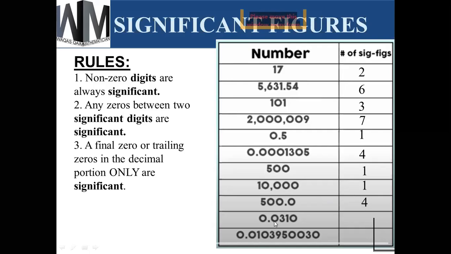So in 0.0310, these two zeros are not written after a non-zero. These two zeros are not trailing zeros. So that's why they are not counted as significant, and this last zero is a trailing zero, so it is counted as significant. So that's why 0.0310 has three significant figures.